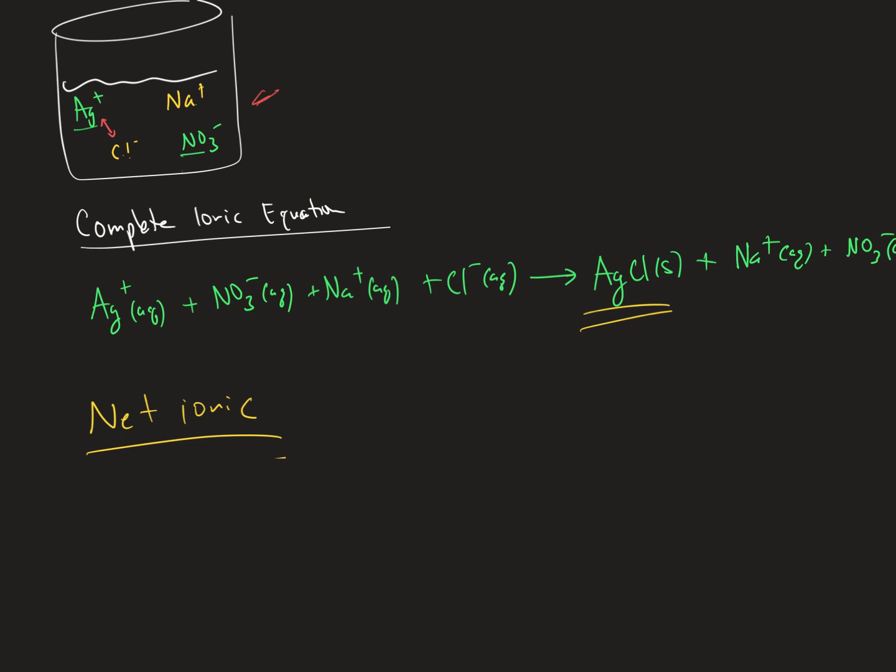No. That's your gross pay, right? But your net pay is what you take home, after all taxes are removed. Well, we're not removing taxes here. Instead, we're going to remove spectator ions. What's a spectator? Someone who just observes, right? They're not participating in the chemical reaction.